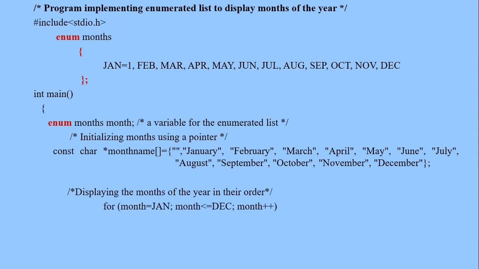For month equals January. In other words, we initialize month with the ordinal value, with the ORD value for Jan. Then we check if the value is less than or equals to the value represented by DEC. Then we increment by 1.